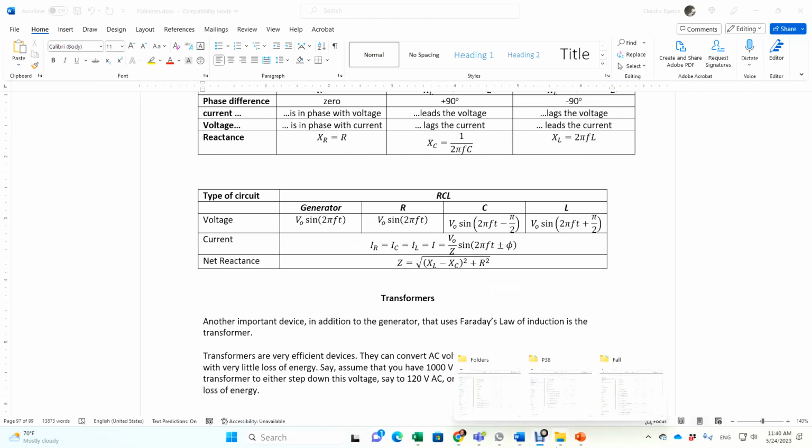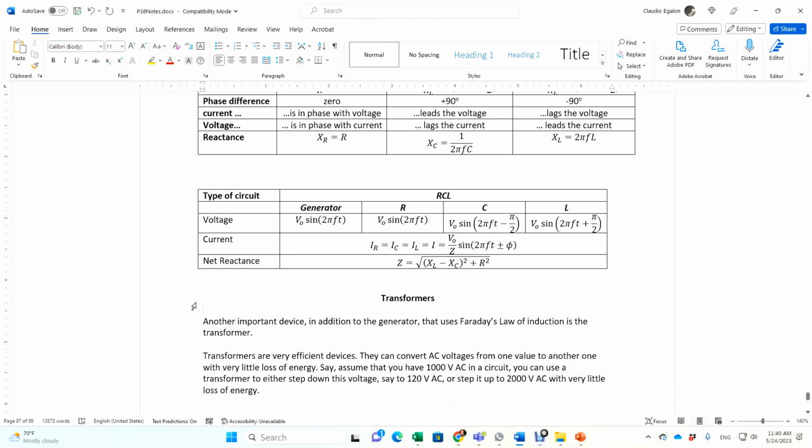Okay, so we talked about the RLC circuit, which by the way are used by transmitting and receiving radio stations. And now we're going to talk about another important device called the transformer. We use that all over the place, converting electricity of one voltage to another voltage.